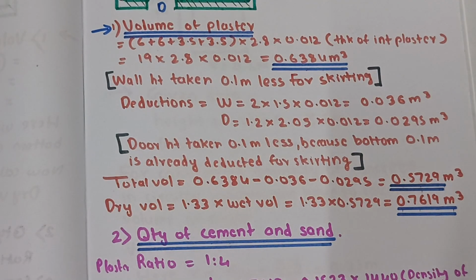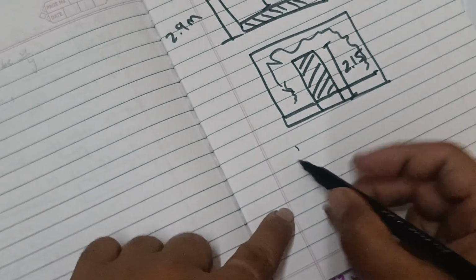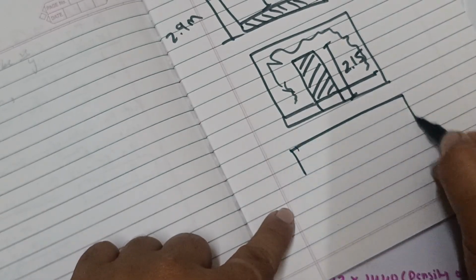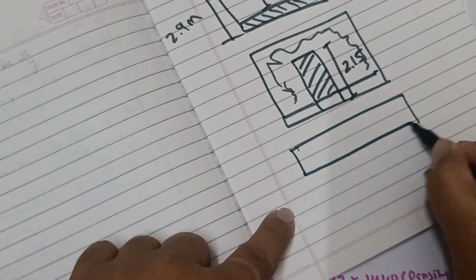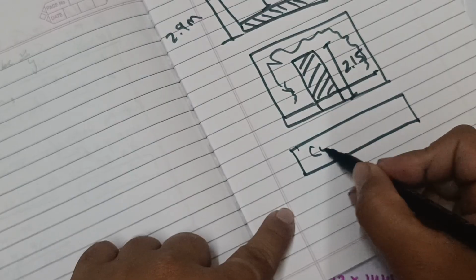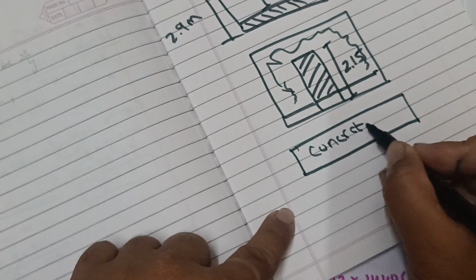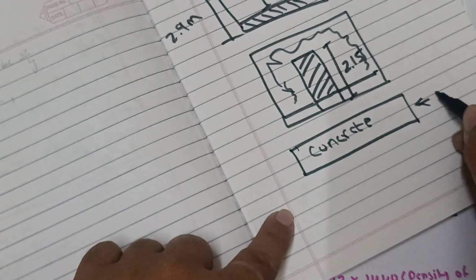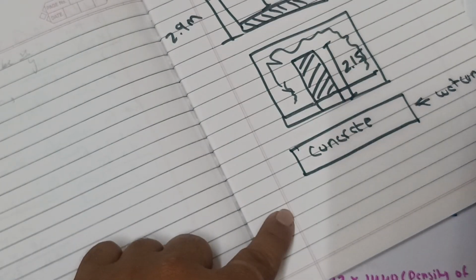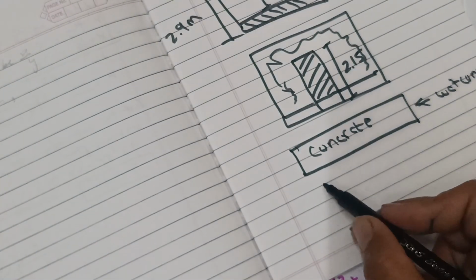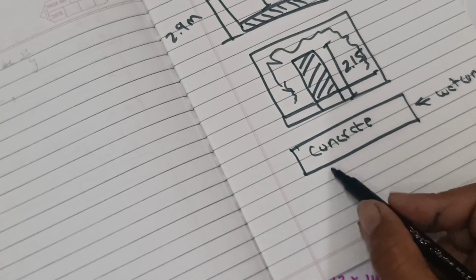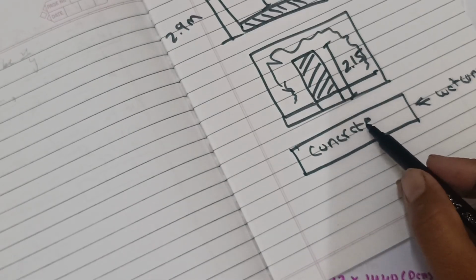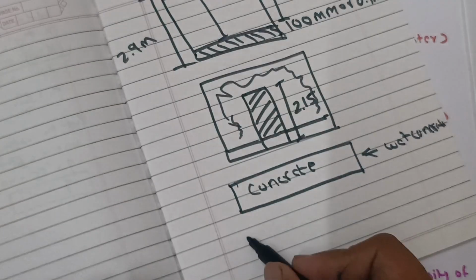So what is dry volume? Suppose this is wet concrete. It shrinks after adding water.